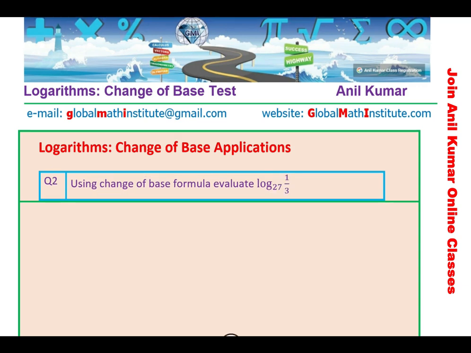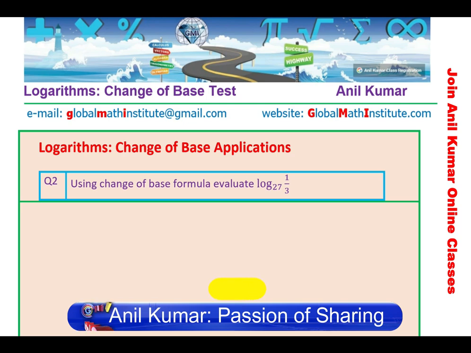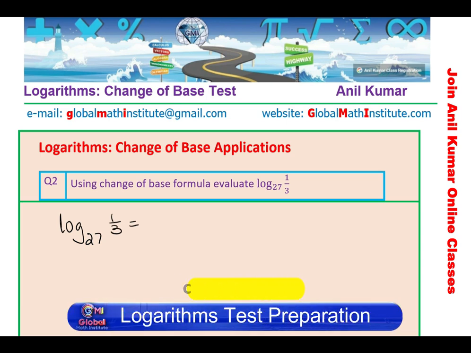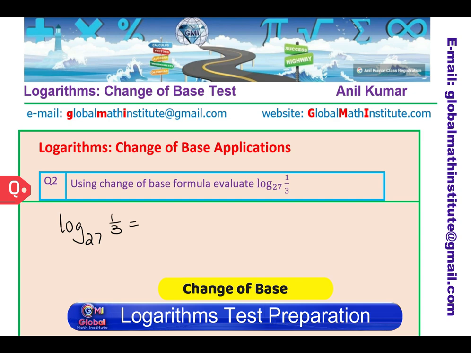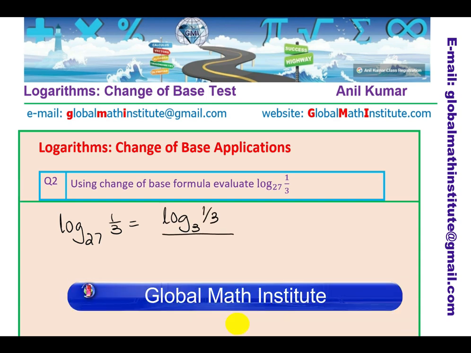Let's move on and take up the questions. Question number 2 is using change of base formula, evaluate log to the base 27 of 1 over 3. Now, you could write 27 with the base of 3, right? So we could change the base to 3. Then it would be log to the base 3 of 1 over 3 over log to the base 3 of 27.